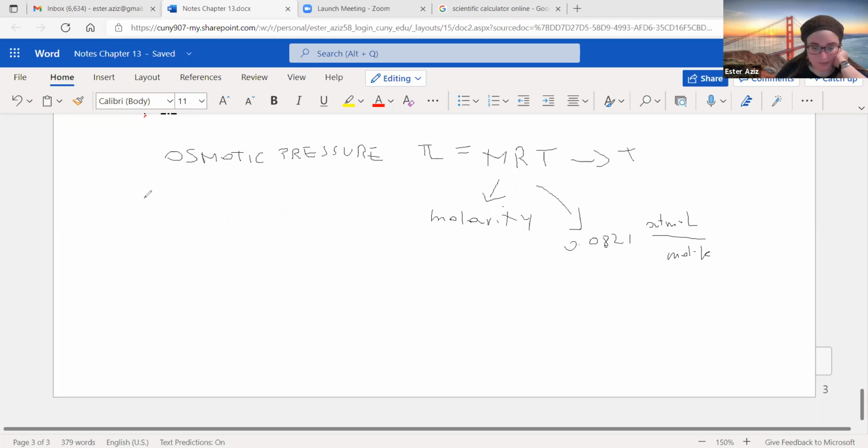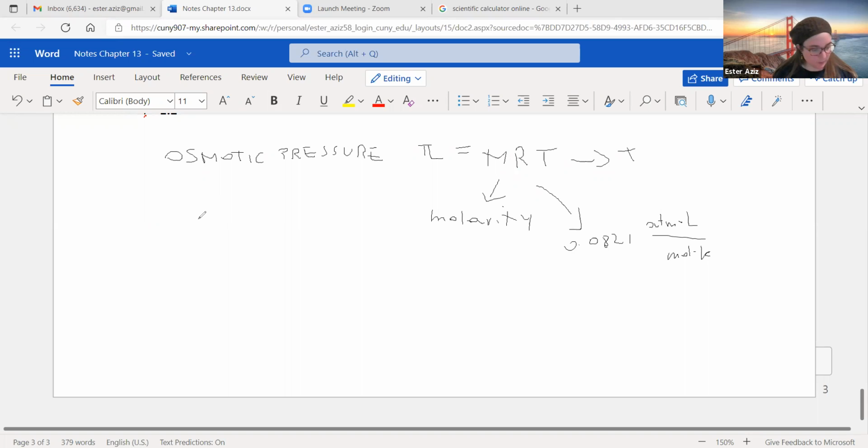So now let's do the question. This is number 13.104 in the textbook. It says a small protein has a molar mass of 1.50 times 10 to the fourth grams per mole.